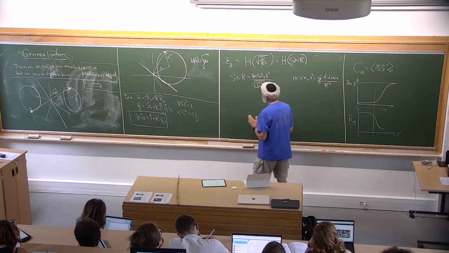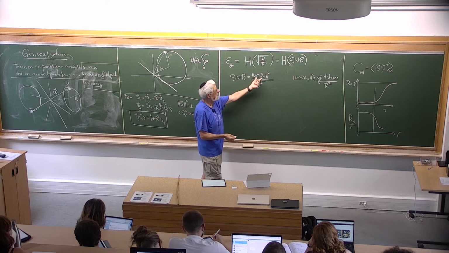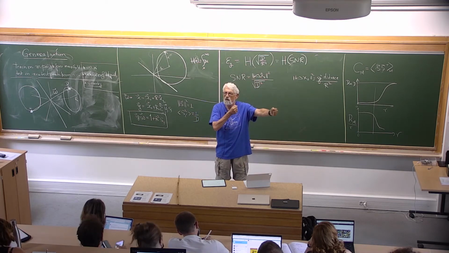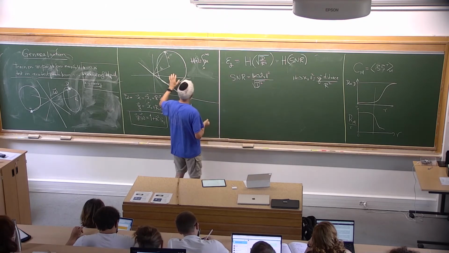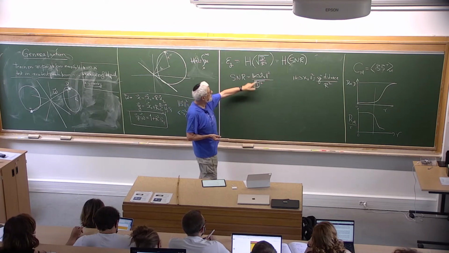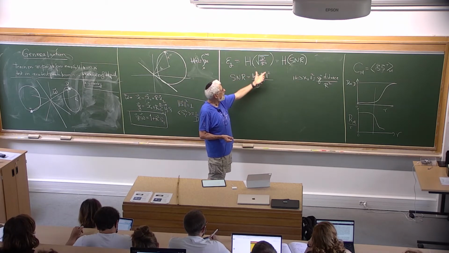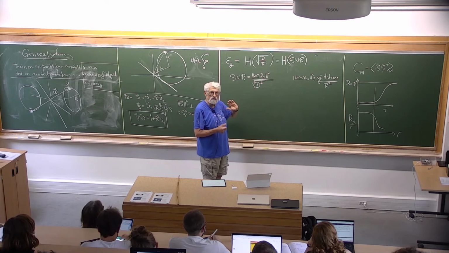Instead of writing in terms of R, I'm writing in terms of delta X0, the displacement of the center from the origin, normalized by the radius of the sphere, and then the dimension. So it's natural to think that the larger the R, the smaller the normalized distance, the larger the error is. It's clear.